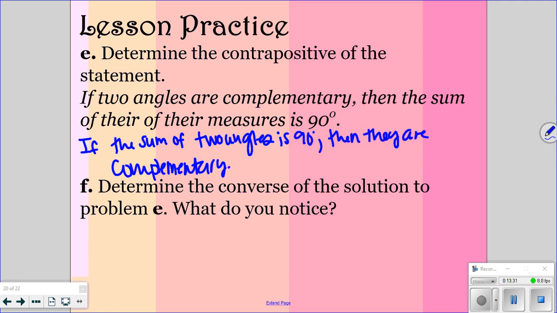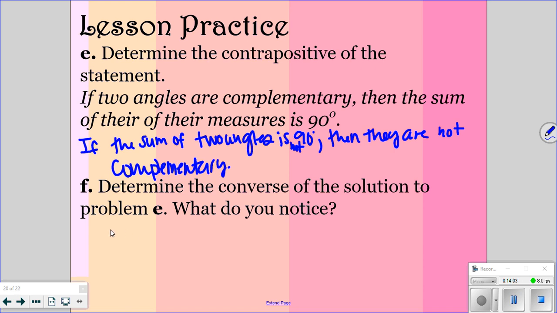So if the sum of the two angle measurements is 90 degrees, then they are complementary. That would be your contrapositive. What is the converse of what we just wrote? So converse is where you switch them. I didn't write the contrapositive. I just wrote the inverse. So if the sum of the angles is not 90, then they are not complementary.